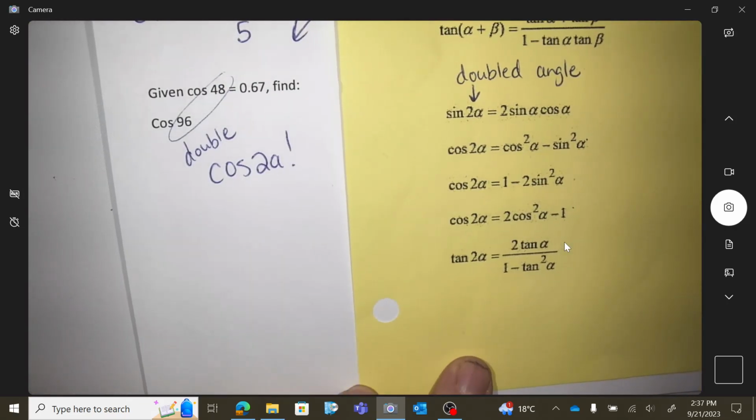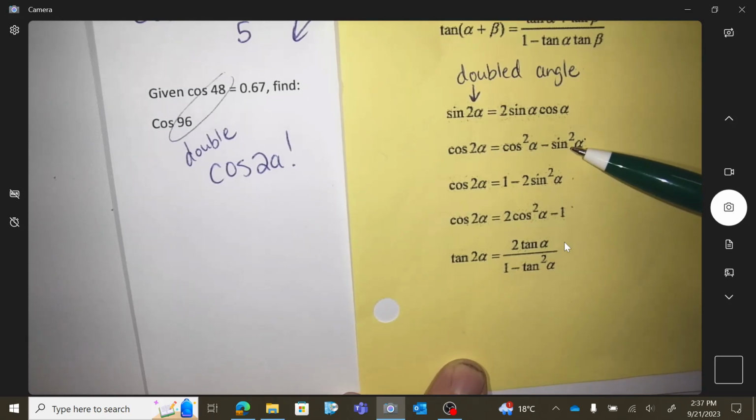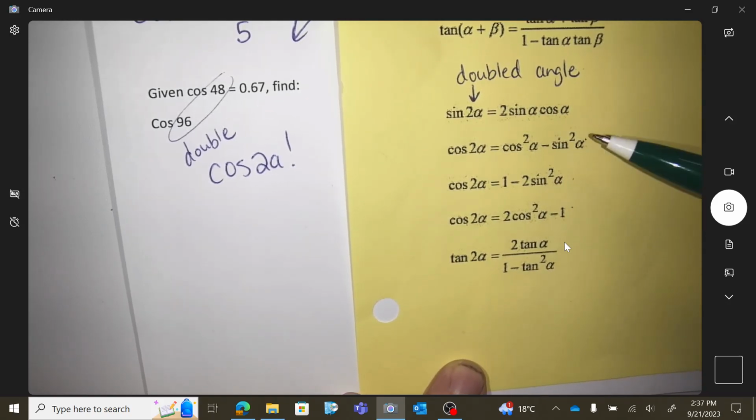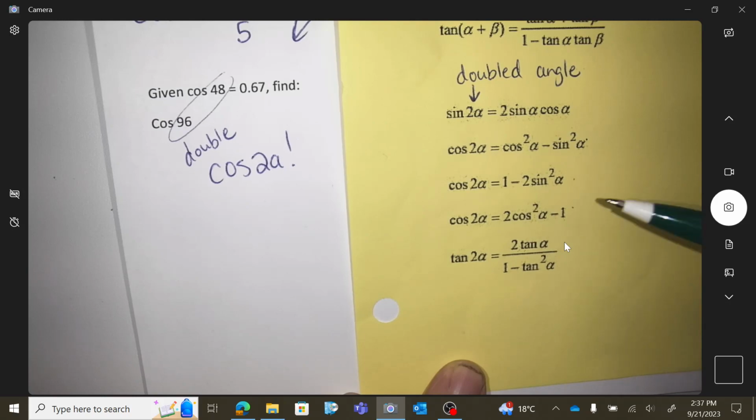Okay, so there's 3 options on my formula sheet. Cos of 2a, there's 1, 2, third. So this is the first, the second, or the third. Given the question information, only one of these we can work with. Which one of those 3 can you only use because of what I gave you?